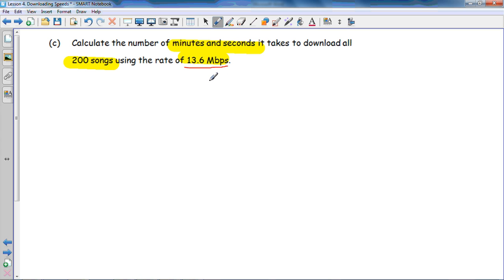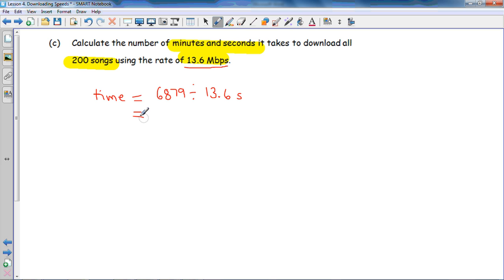So that's how much data you get per second. So we have 6,879 megabits to download. We want to work out what time that is going to take. So we have 6,879, and we're going to divide that by 13.6 seconds.